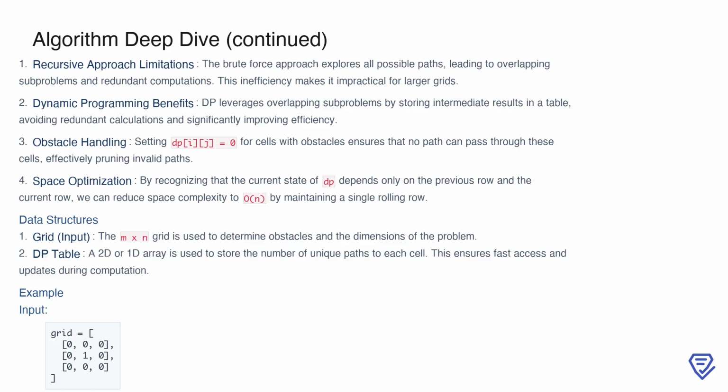Leveraging this insight, we reduce the space complexity to O(n) by using a rolling array to store only the necessary values. For this problem, the key data structures are the input grid, which represents obstacles and dimensions, and the DP table, which tracks the unique paths to each cell. Together, they enable efficient computation of the result.